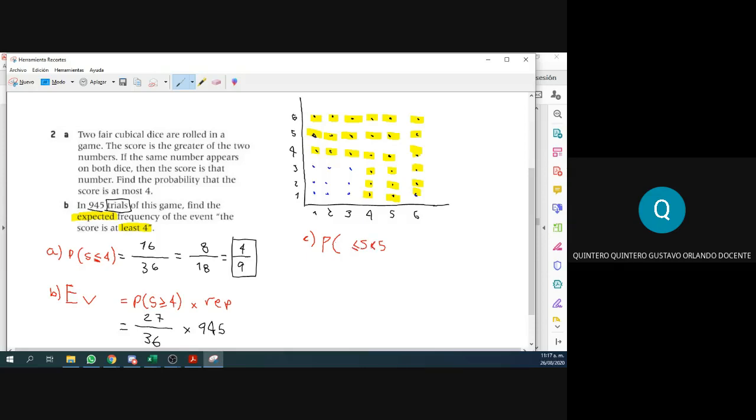That the score is bigger than 2, but not more than 5. There we go. This one. Let's do it like this. All right? Give it a try, guys. Tell me, how much is that probability? You know what? I'm going to help you with something. There we go. I just helped you.